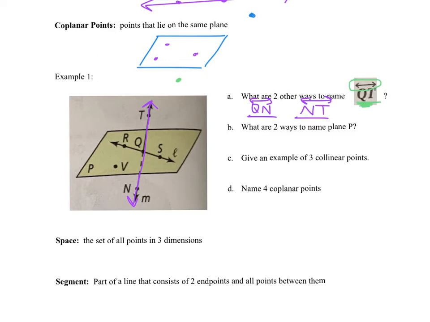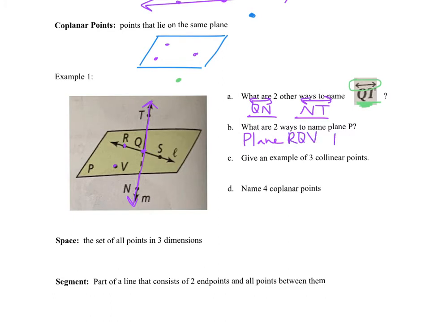Okay, then it asks for 2 ways to name plane P. And if you look at the picture, plane P is that greenish, yellowish plane. We said you need at least 3 letters that are not in a straight line to name it. So we could call this plane RQV, that would work.